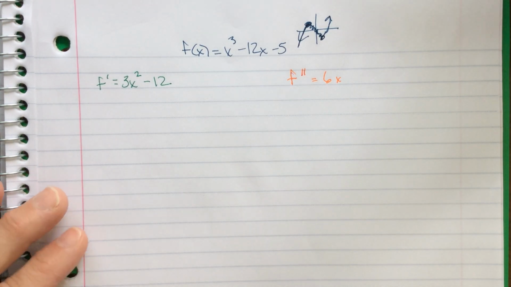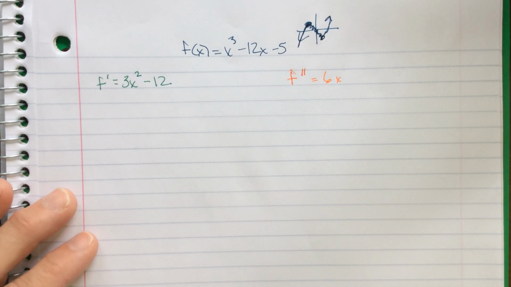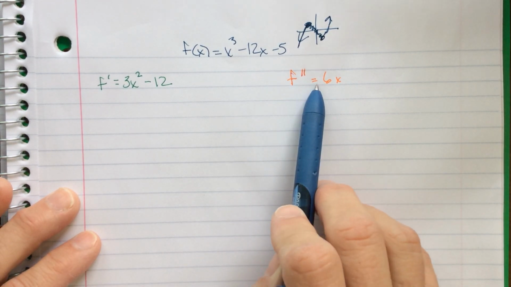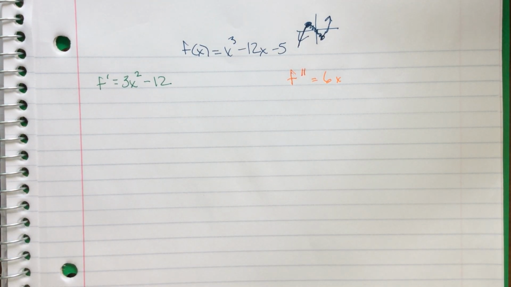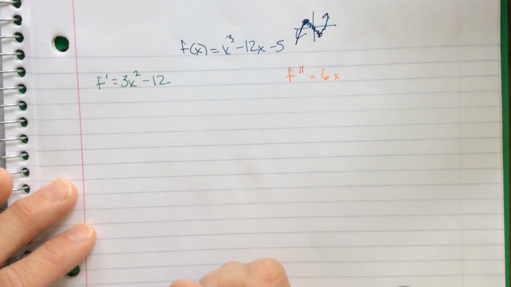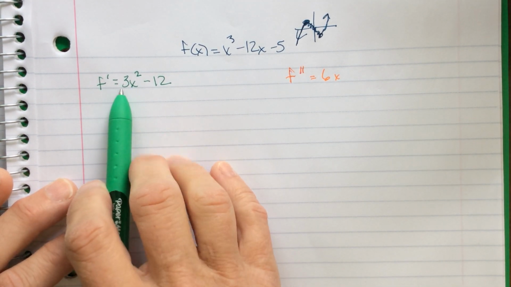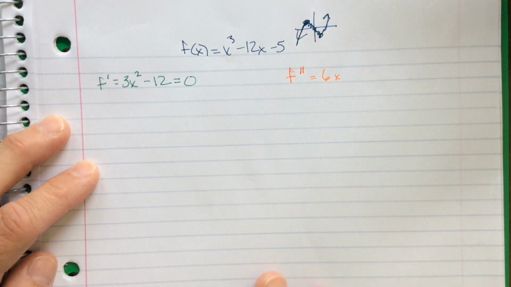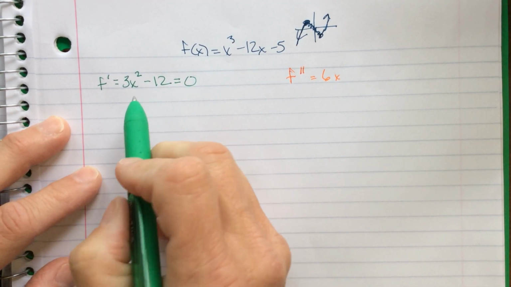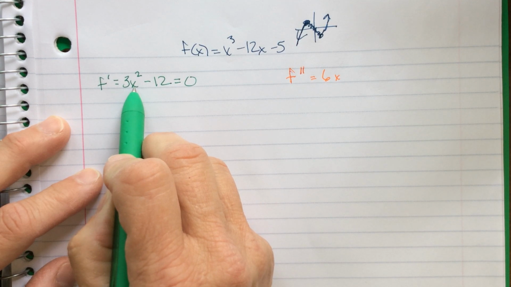All of that information we can identify from the first derivative and the second derivative. So let's talk about finding the critical values of the function's derivative. That means set this derivative equal to 0 and find the zeros.